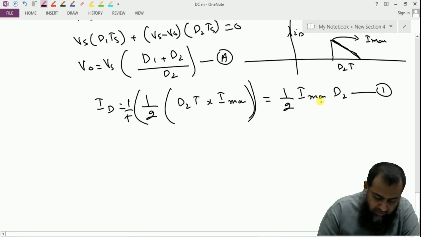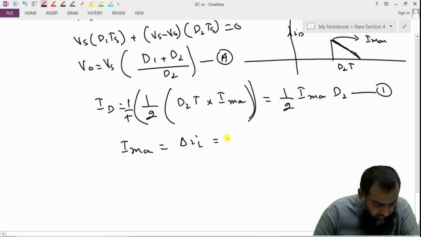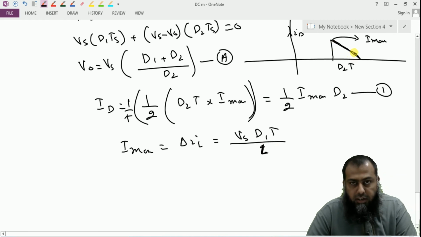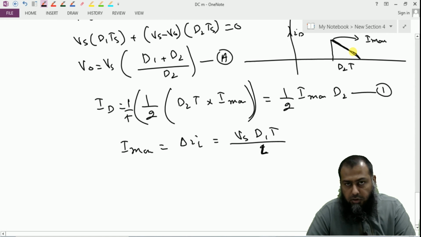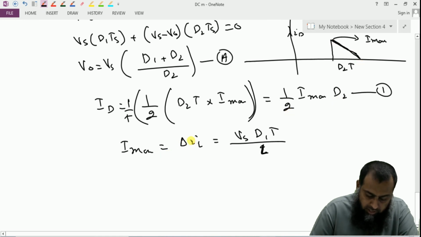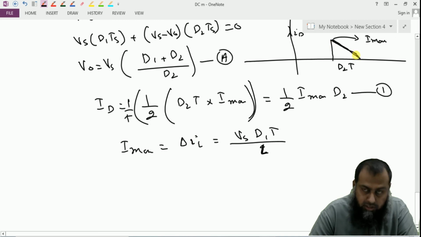Now this I max is equal to delta IL, and that is equal to Vs D1T divided by L, because the net change in the current through an inductor can be attributed using the off time or the on time. So if ID is equal to half I maximum into D2, then this I maximum is actually the delta IL, the net change in the inductor current.